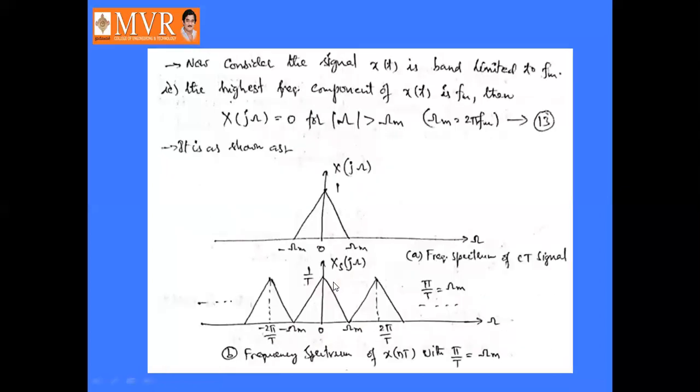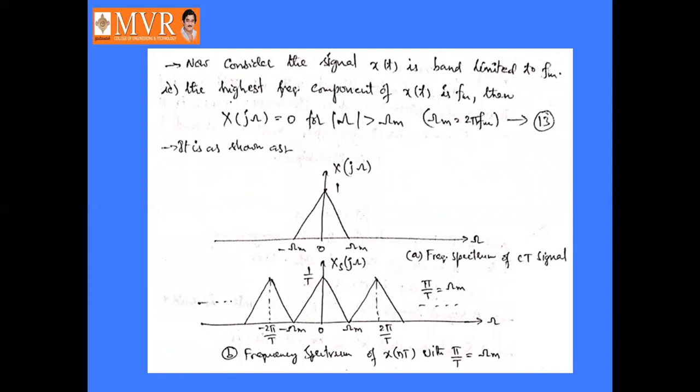Now consider the signal x of t is band limited to Fm. That is, the highest frequency component of x of t is Fm, then X of j omega is equal to 0 for mod omega greater than omega m, where omega m is equal to 2 pi into Fm, that is equation number 13.